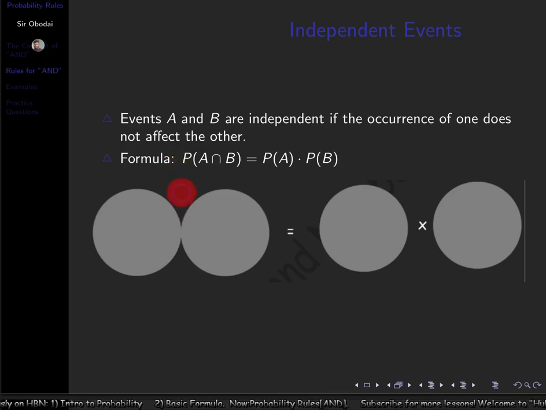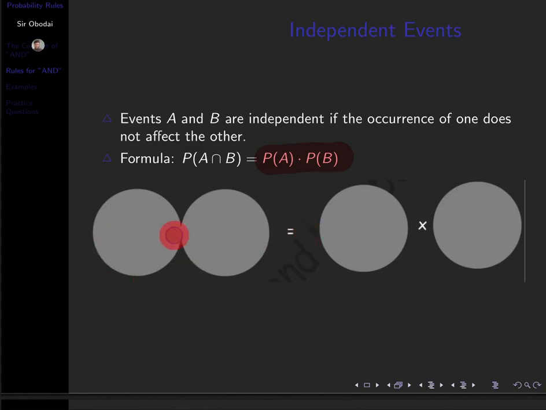Hence, if you want to find the probability of both events occurring, that is A and B, that is the formula we have over here. That is the probability of A times the probability of B. That is both events occurring independent of each other. So this is what I have done here just to illustrate it.